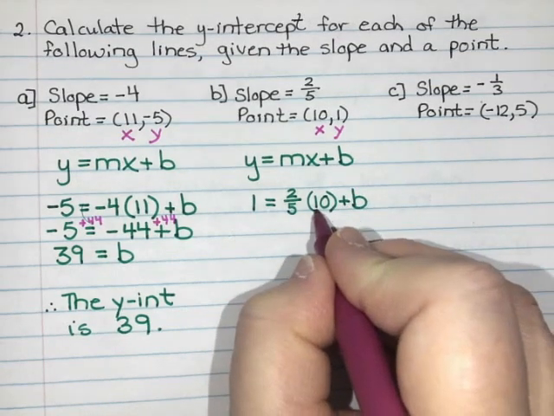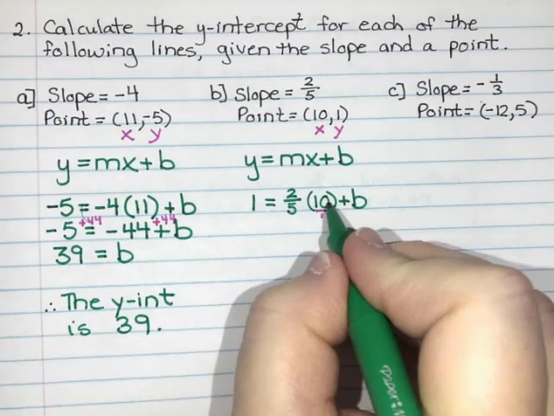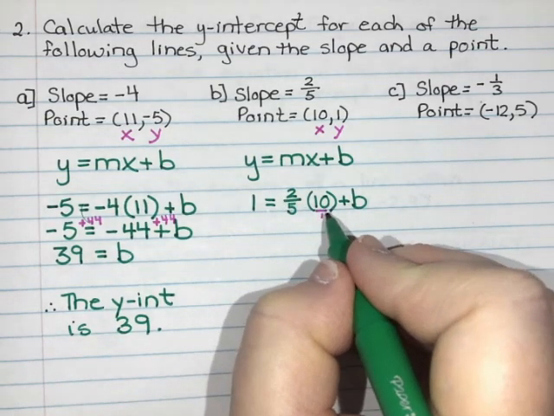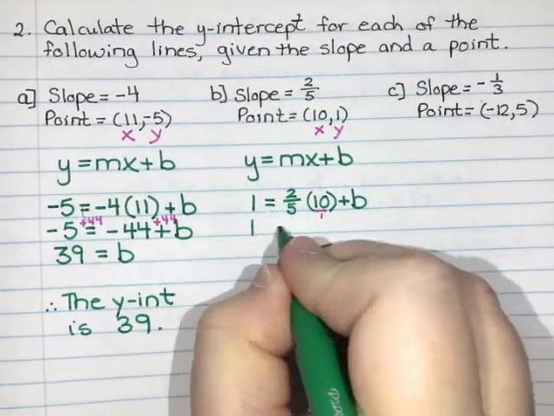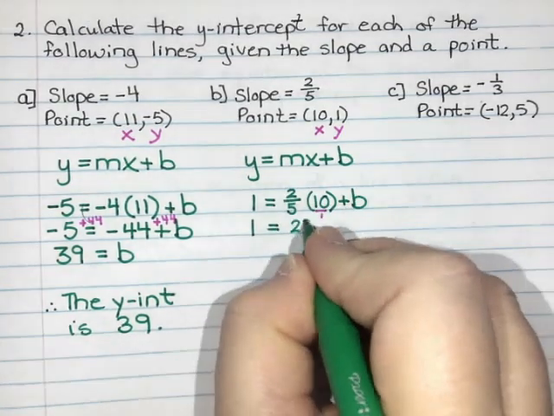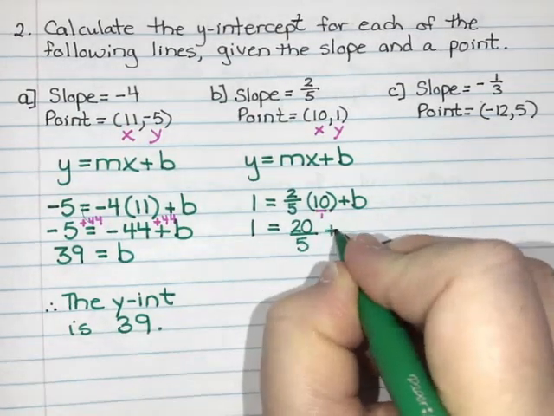It actually does. It's secretly over 1. So I am going to multiply 2 times 10 to get 20, and 5 times 1 to get 5. So this is going to be 1 equals 2 times 10, which is 20. 5 times 1 is 5.